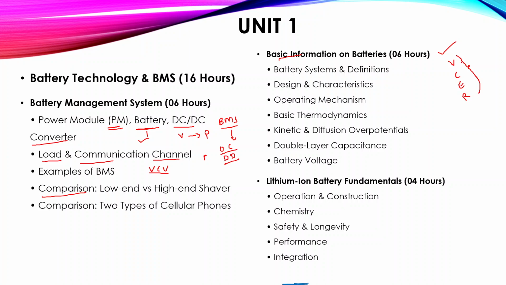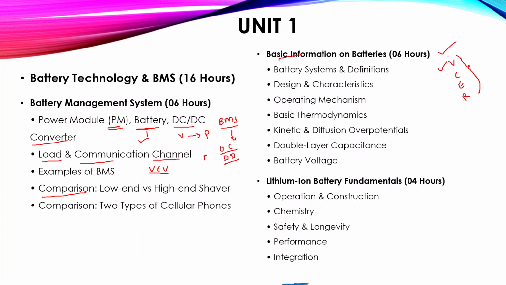Okay, where battery voltage is determined by the thermodynamic potential, and it is affected by overpotentials such as kinetic and diffusion overpotential. We are going to see in detail when we are discussing the battery voltage parameter.